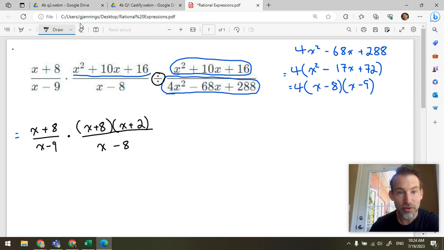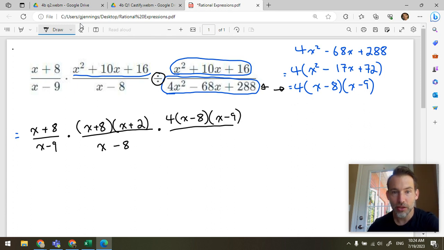This one, division, becomes flip and multiply. So let's put this, which I know to be equivalent to that, on the top: 4 times x minus 8 times x minus 9, all divided by x squared plus 10x plus 16. We can write that as x plus 8 times x plus 2.